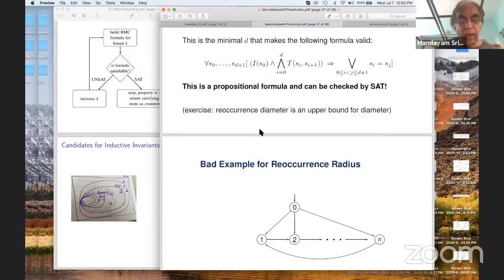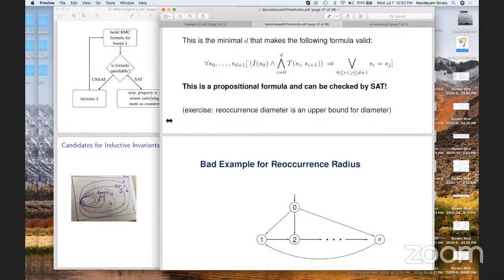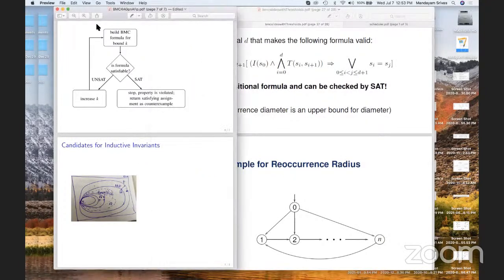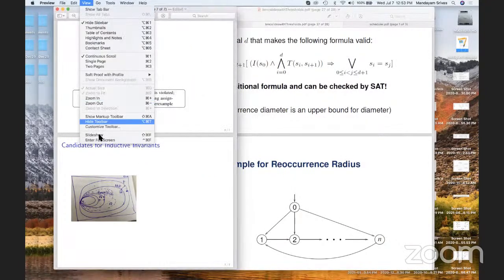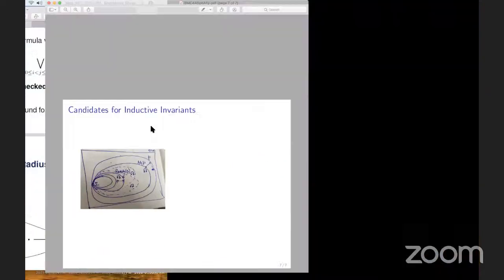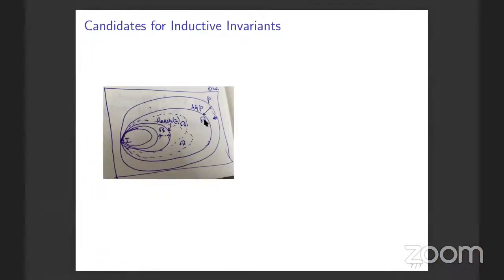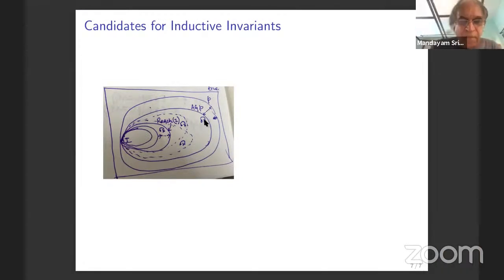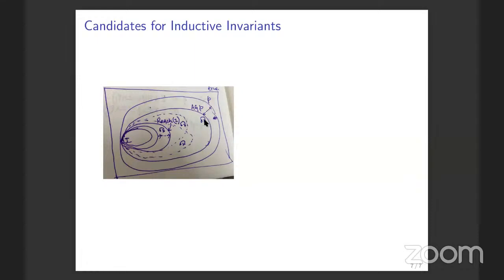Okay. I have a question. Yes. Earlier you mentioned that this inductive invariance can be used to compute the completeness K, right? Yeah. How is that done? It is the size of the fixed point as well.